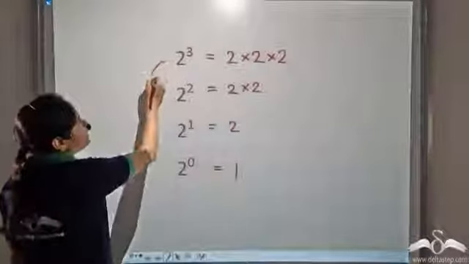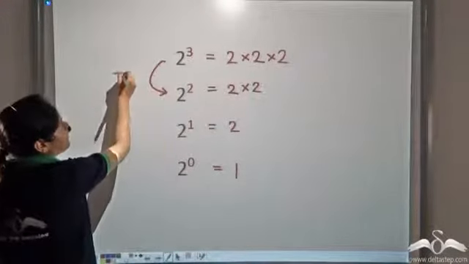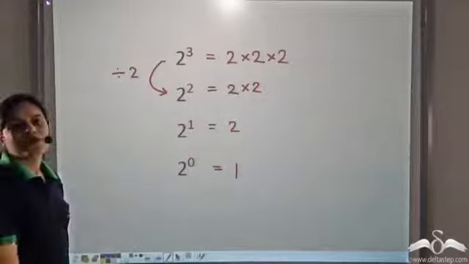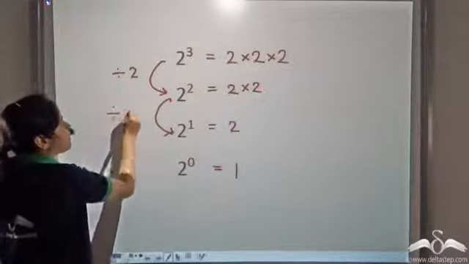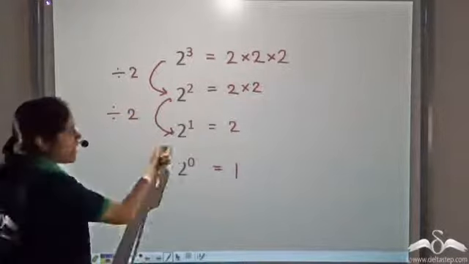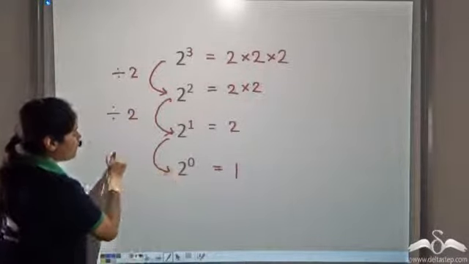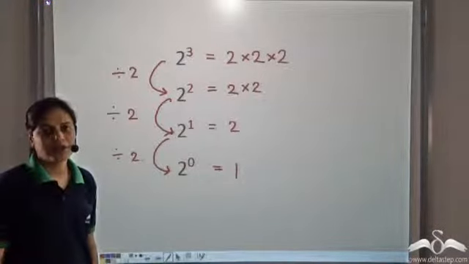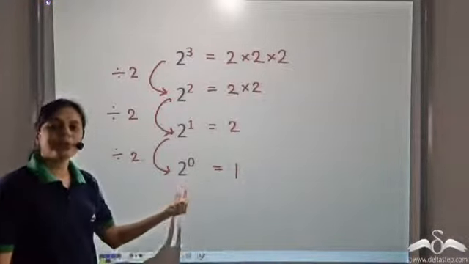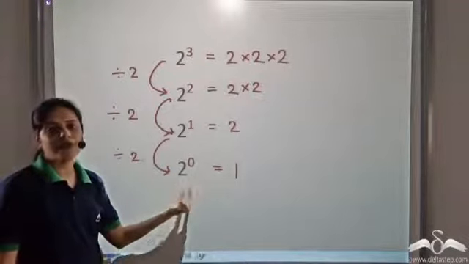So, in coming from here to here, we divide by 2. In coming from here to here, we divide by 2. And in coming from here to here, we divide by 2. Now let us see what happens if we decrease the power by 1.